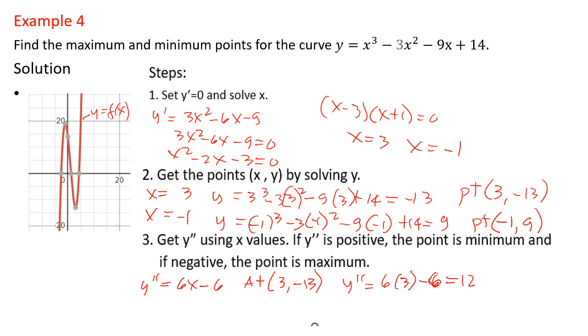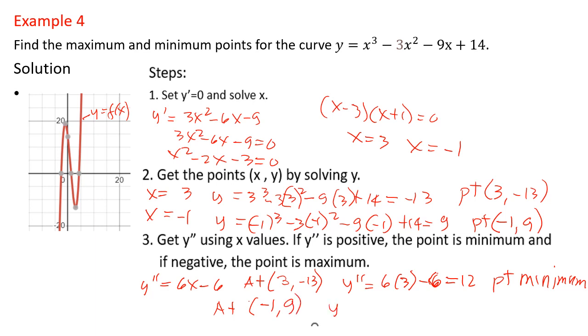So the point is minimum. Correction: this one is at point 3, minus 13, and this one is at point minus 1, 9.